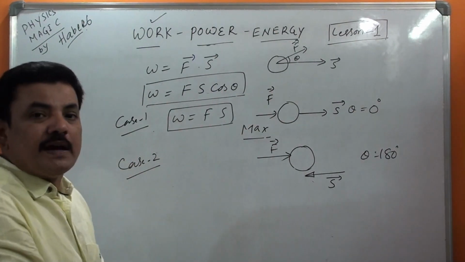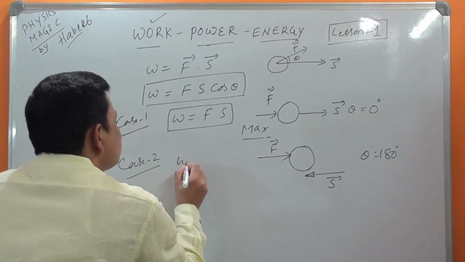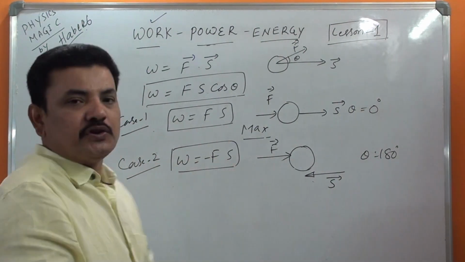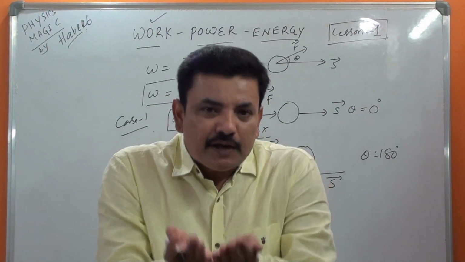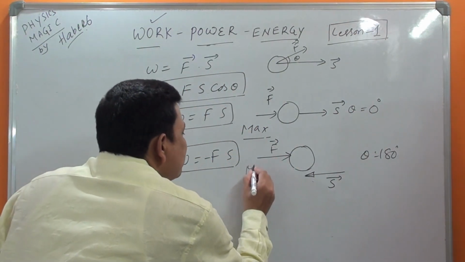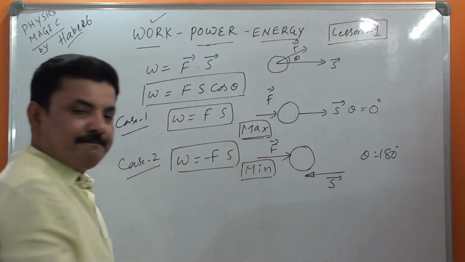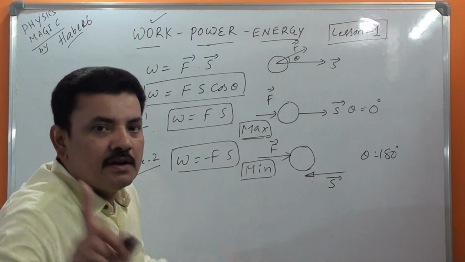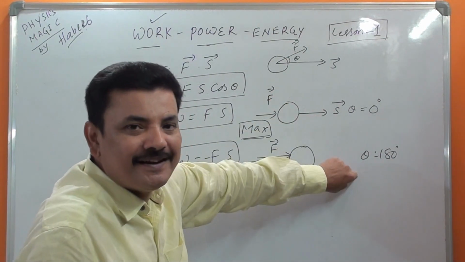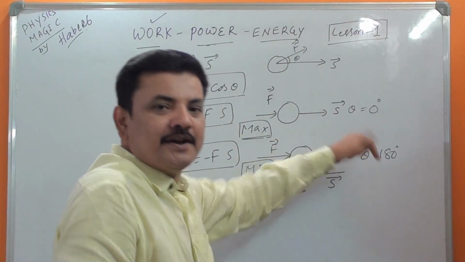If you substitute 180 here, cos 180 is minus 1, so it becomes minus Fs. How dangerous it is: the magnitude of the work is the same, but it is minus, which means it is the minimum work. The other was the maximum work. It depends not on F, not on S, only on the angle. So theta 0 gives maximum, theta 180 gives minimum.